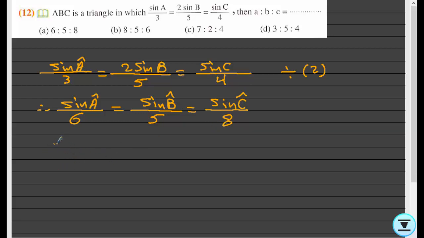So we know that sine A over a equals sine B over b equals sine C over c. So the ratio will be a to b to c equals 6 to 5 to 8. And the solution will be in letter A.